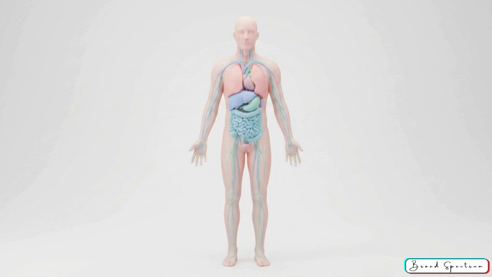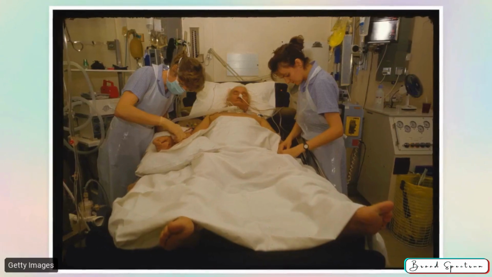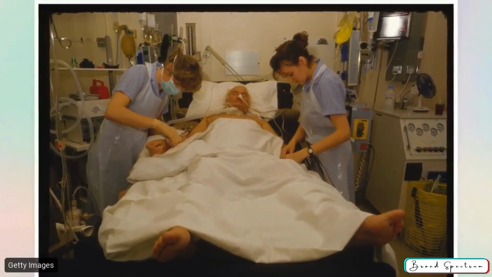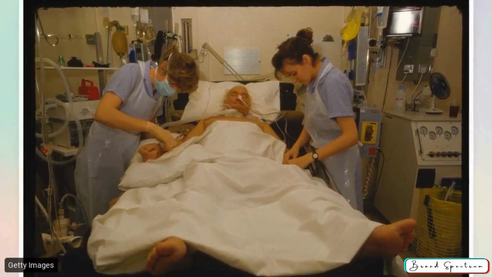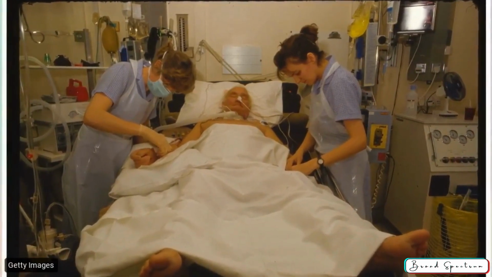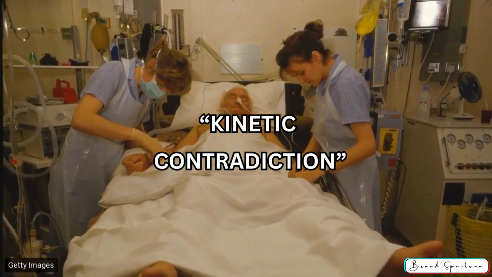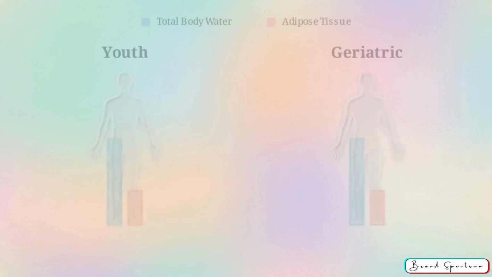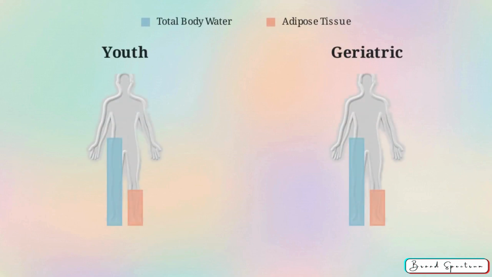Relying on standard dosing models introduces a dangerous assumption, a steady homeostatic body composition. As patients age, their physiology shifts, creating a phenomenon detailed in geriatric pharmacotherapy as the kinetic contradiction. The aging process reliably produces a significant decrease in total body water, accompanied by a relative increase in total adipose or fat tissue.